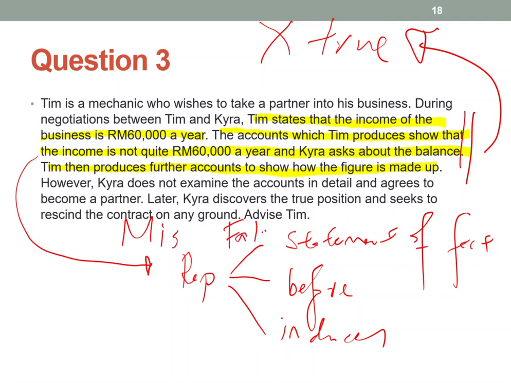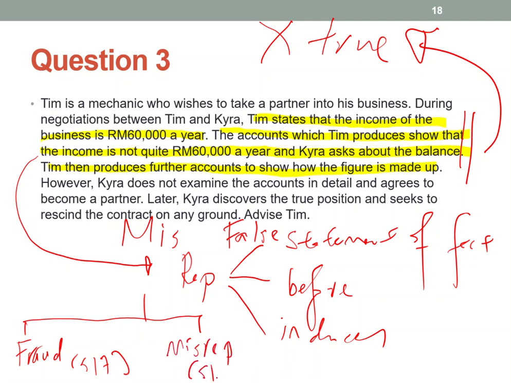Misrepresentation is a false statement of fact made before the contract is entered into, which induces the other person to enter into a contract. Now there are two types of misrepresentation. One is fraud under section 17, and the other is misrepresentation under section 18. In your opinion, when Tim made the statement, did he purposely lie or was he careless?